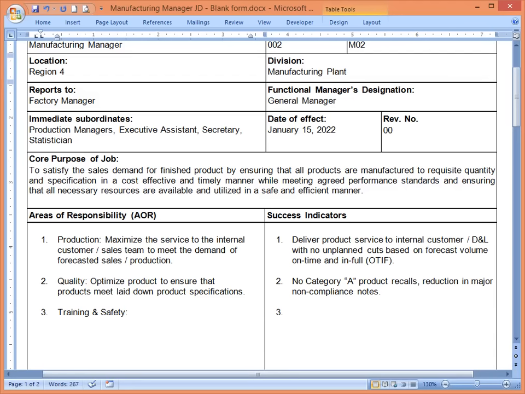In terms of the readiness level of employees, especially the entry level positions, you have to train and develop these guys, and you have to train and develop them to also work safely in the work environment. So this is equally important with quality and production.